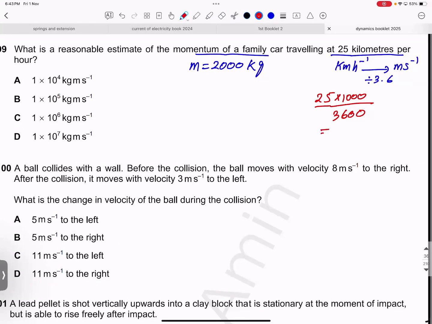It's the same answer. So 25 divided by 3.6, the speed is 6.94 meters per second. So momentum is mass times velocity, 2000 times 6.94. Give me the answer. We will say which one is closest to that.